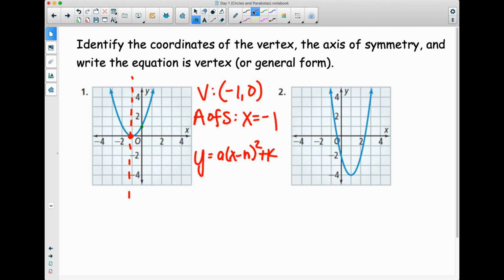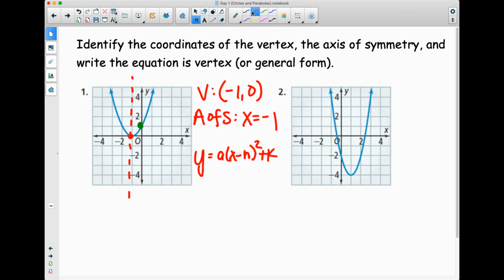Some of y'all learned steps on how to find the a value just by looking at the graph. I don't care either way you want to approach it. Clearly this one didn't stretch or compress, but I'm going to show you this way anyways. So I like to use another point that's easy to see, and I also like to use a point that includes 0.